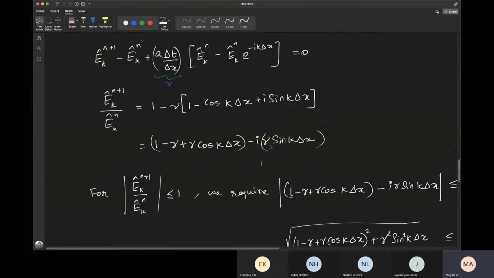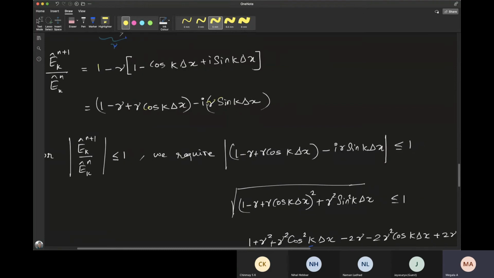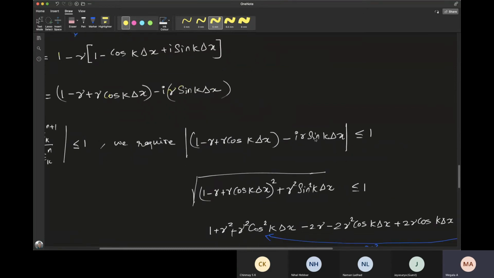Unlike the parabolic PDE case, in hyperbolic PDEs we'll often end up getting complex quantities for this amplitude ratio. For stability we require the modulus of this amplitude ratio to be less than or equal to 1.